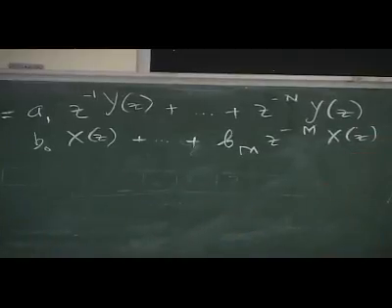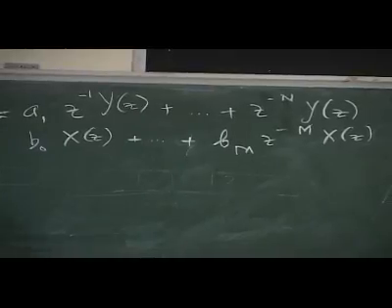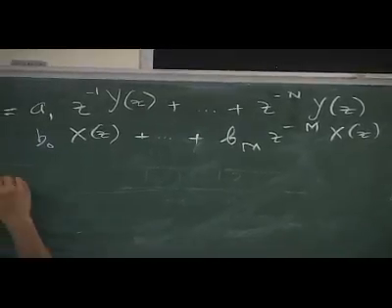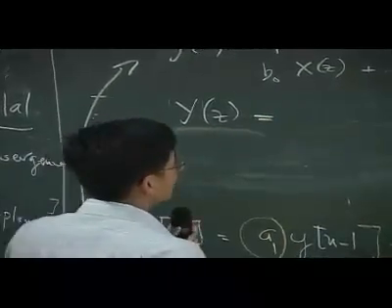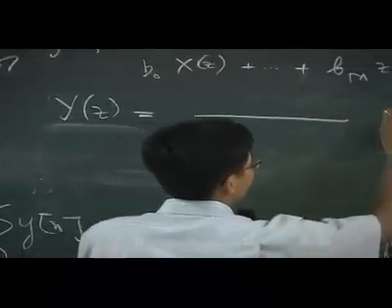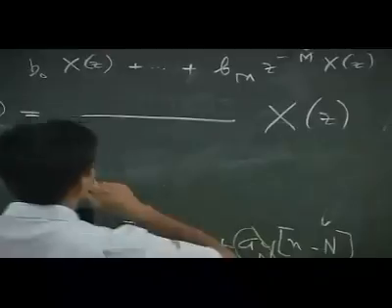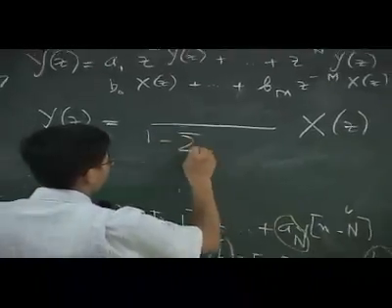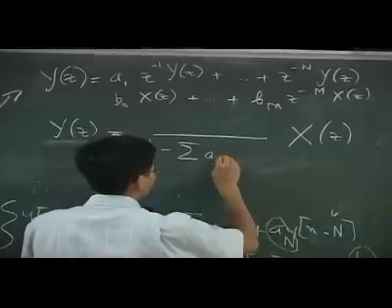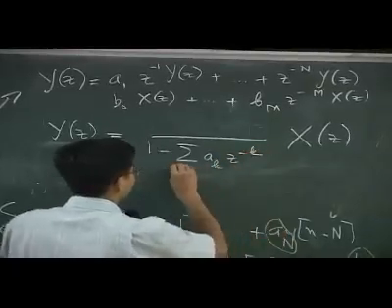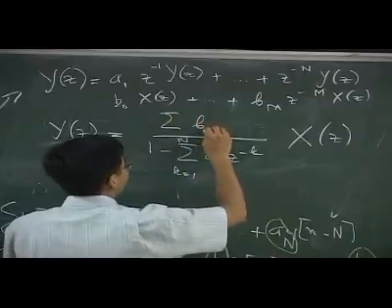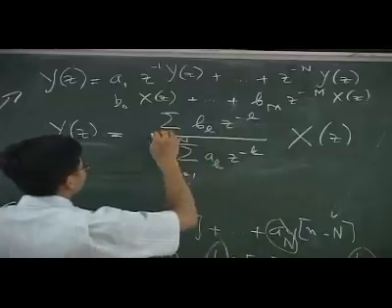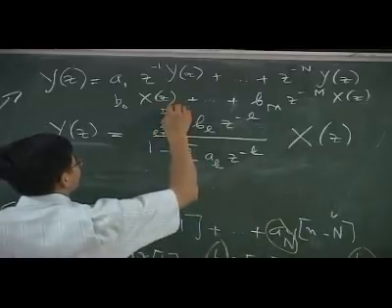And I can mash this together and write Y(z) equal to something multiplied with X(z), and that is 1 minus the summation of a_k z minus k, k from 1 to n, and then the summation of b_l z minus l, l from 0 to n.